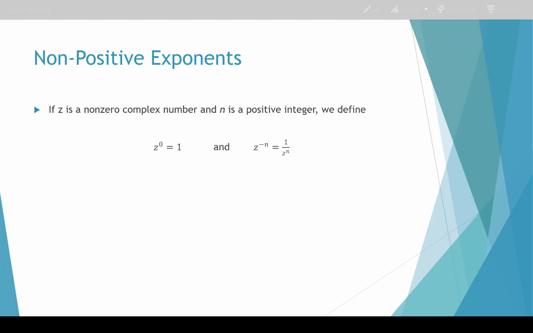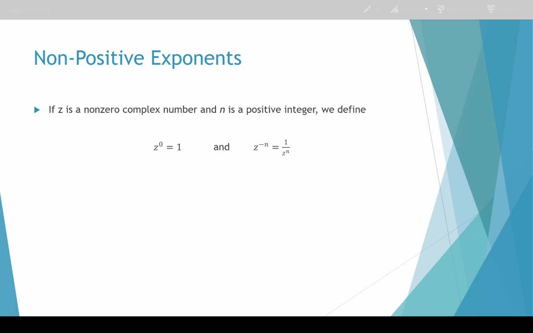One, that z to the power of 0 is equal to 1. Now, there's a lot of reasons how you could explain this, and we'll talk about maybe some of them in a minute. Now we're saying n is still positive, but we have a negative positive number.